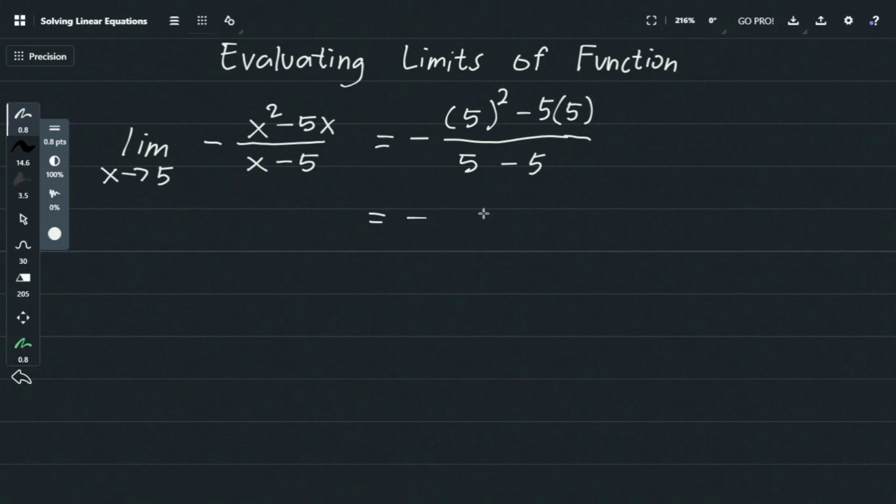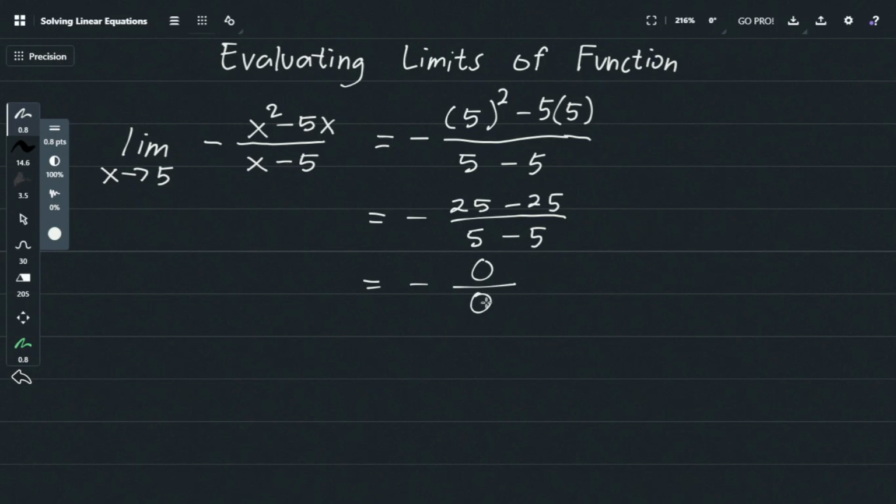We have negative 25 plus 25, and 5 minus 5, and we have negative 0 all over 0. Again, this is an indeterminate form.